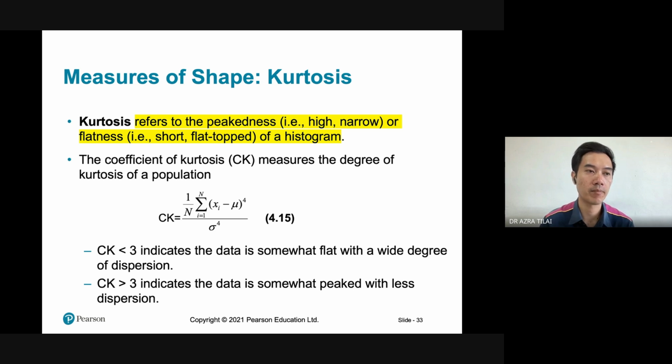You always end up shooting at the same point, and based on the observation, the histogram thickness is very high. If you have a very flat histogram, a very flat line, that means when you are shooting the arrow, your observation might be here and there.